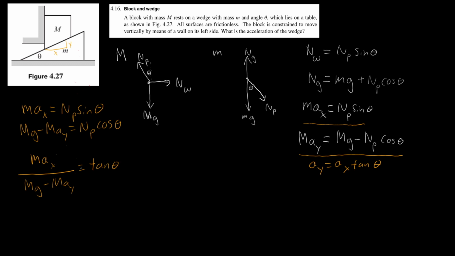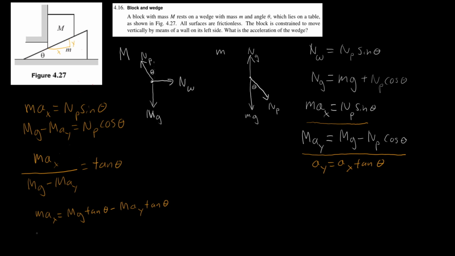Alright, so max is equal to Mg tangent of theta minus M ay tangent of theta. So max is equal to Mg tangent of theta minus M ax tangent squared of theta. All I did was plug in this equation right here.